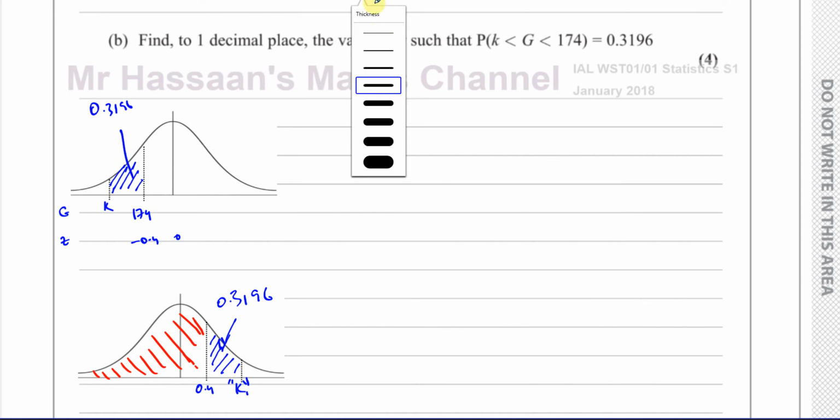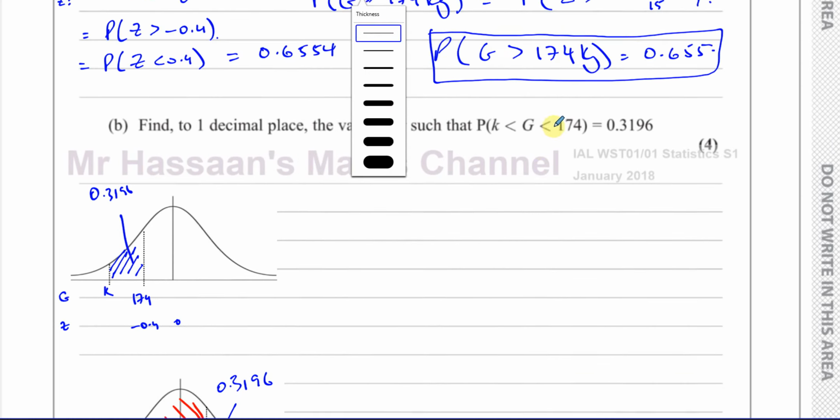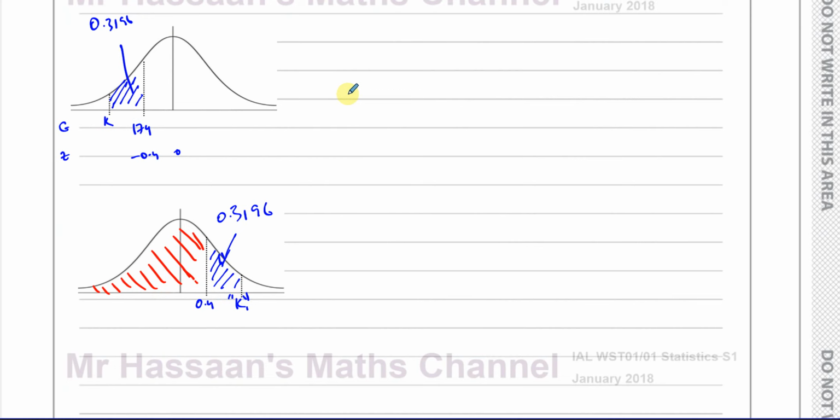We worked out that that area there is 0.6554. So we can say that the probability that Z is less than K is equal to 0.6554 plus 0.3196. Okay, it's the whole area below there, right?